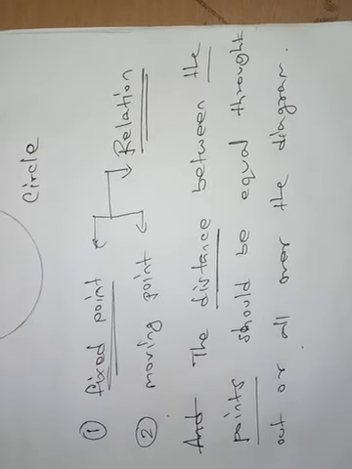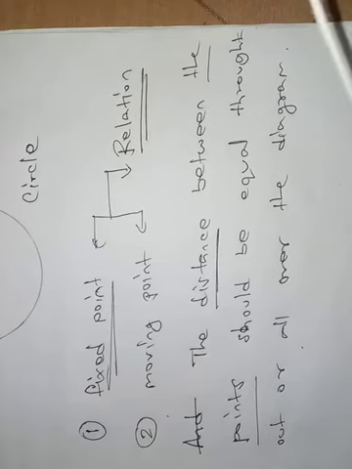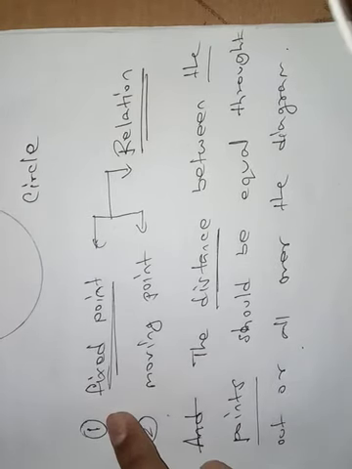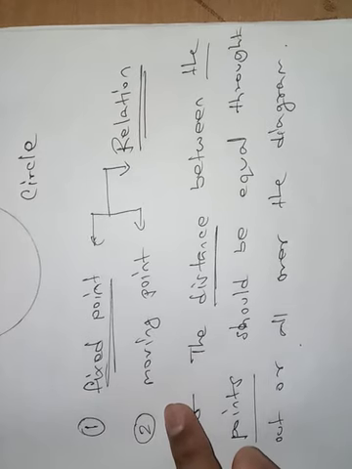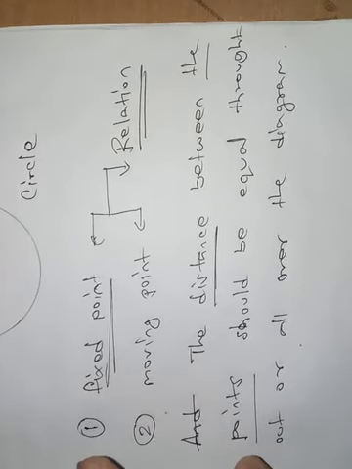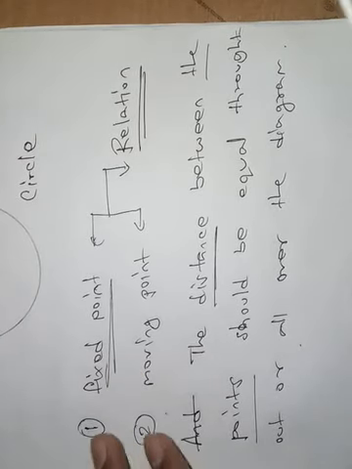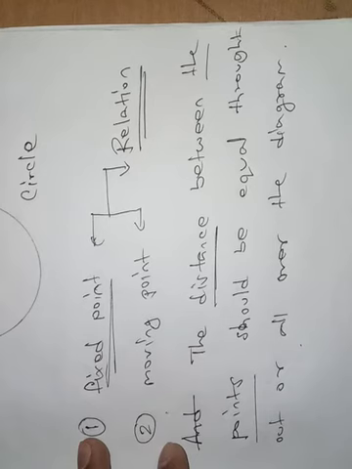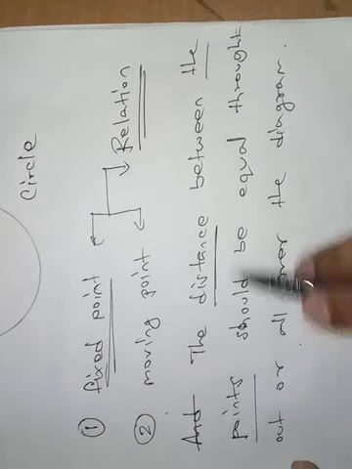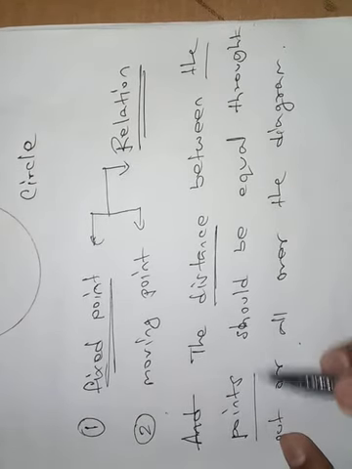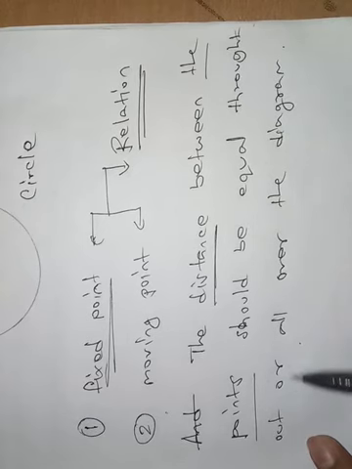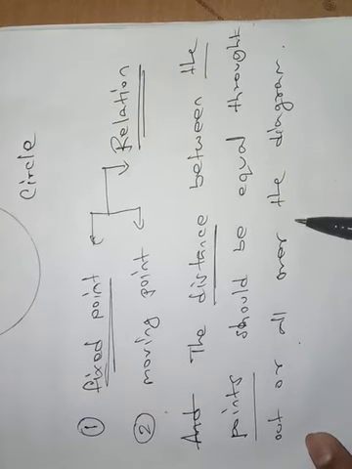To draw a circle, we'll find 2 points. One is a fixed point, another is a moving point. The moving point can move around the fixed point, and the relation between the 2 points is that the distance between the 2 points should be equal throughout the diagram.